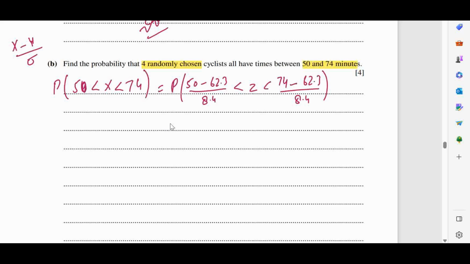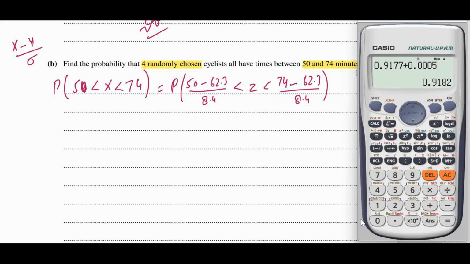Let's simplify this one: 50 minus 62.3 whole divided by 8.4. So this will be equal to minus 1.464.